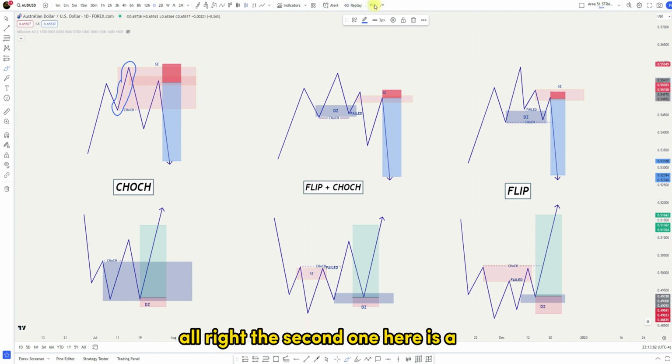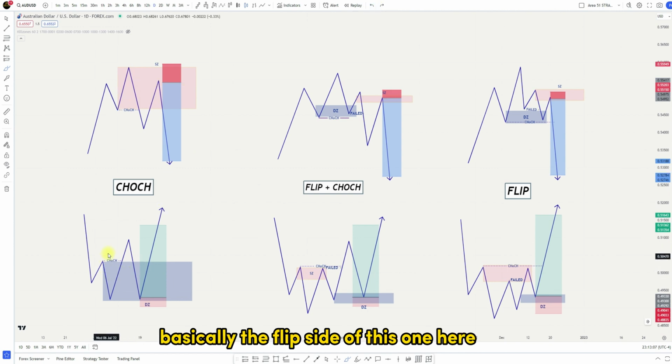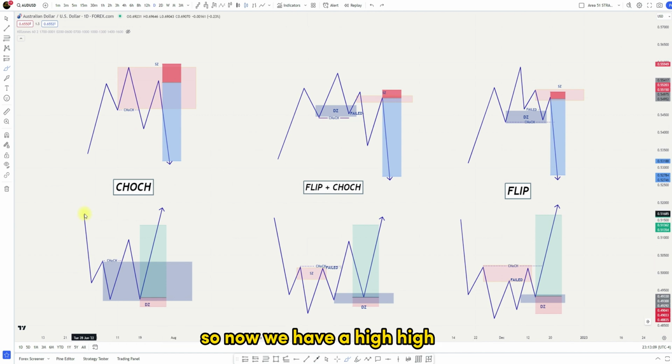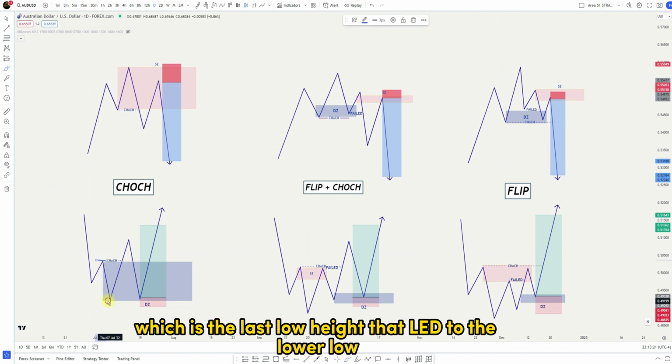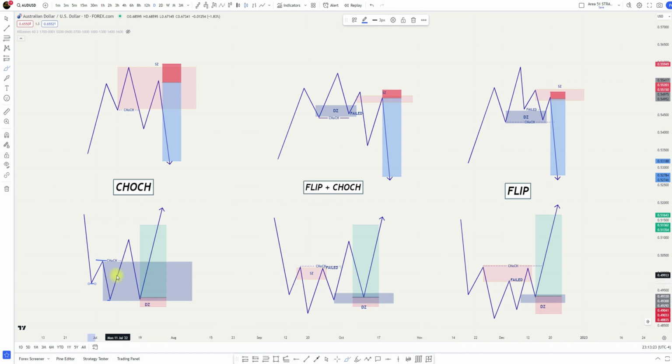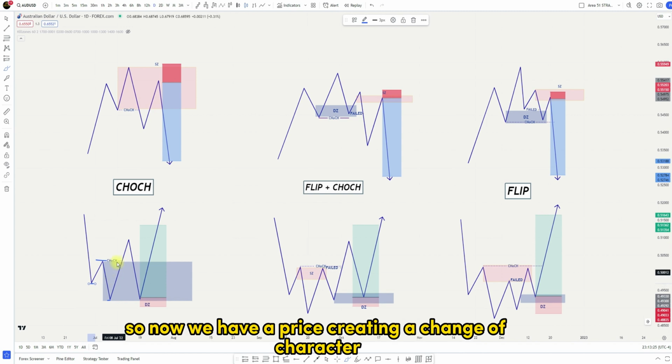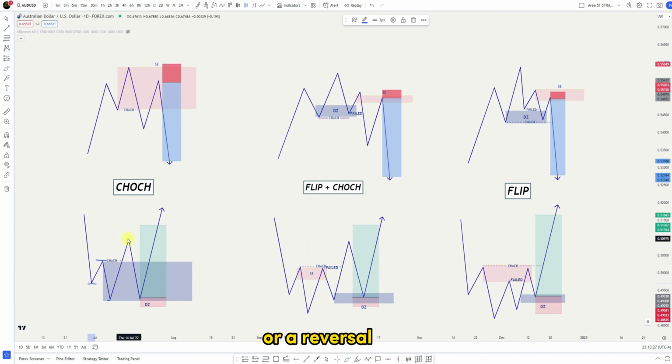The second one here is basically the flip side of this one. So now we have a higher high, lower low, lower high, and then lower low, and then we have a reversal. Price did not respect this area here, which is the last lower high that led to the lower low before the break of structure. So now we have price creating a change of character, or a reversal.